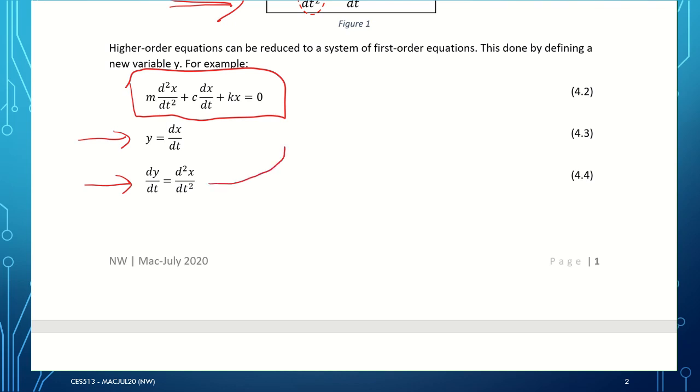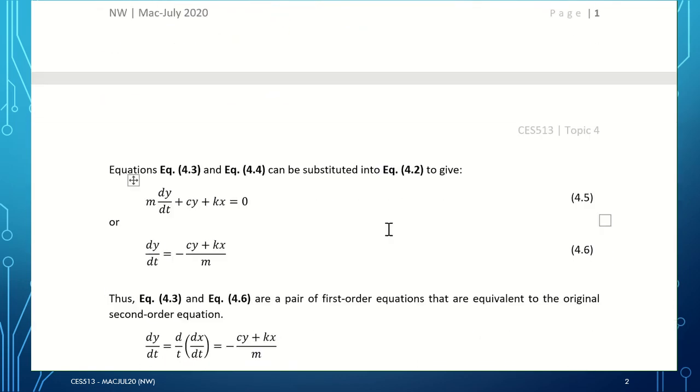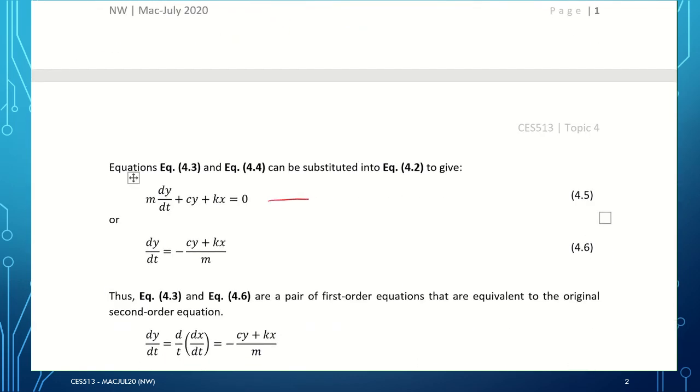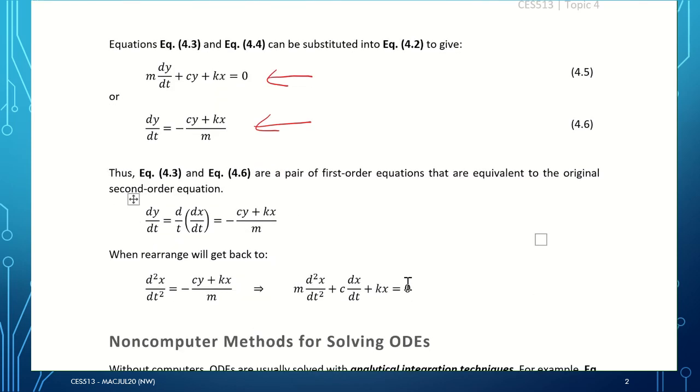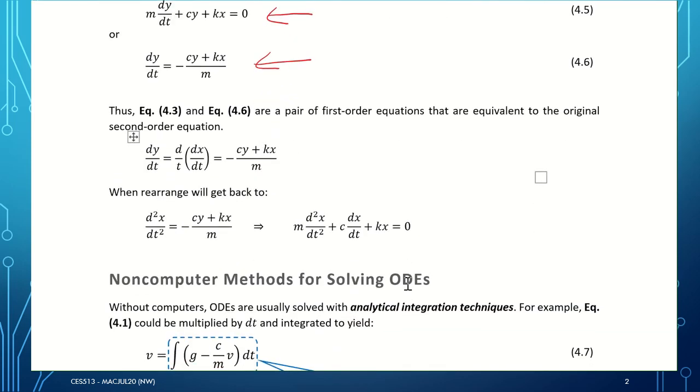This can be substituted back into that equation to get equation 4.5 here, or this one if you rearrange. So equations 4.3 and 4.6 are a pair of first order equations that are equivalent to the original second order equation. If we want to get back the original equation, we can just rearrange and substitute back the value.